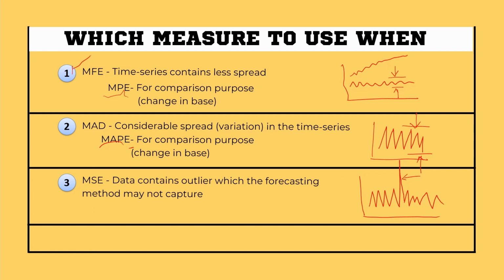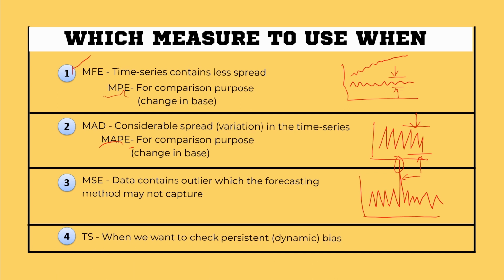If such data is given to you, then instead of using MAD, you should go for MSE. Since in MSE we are squaring the errors, any such situations like outliers will be penalized more compared to MAD. So in those cases, MSE will be a better measurement.